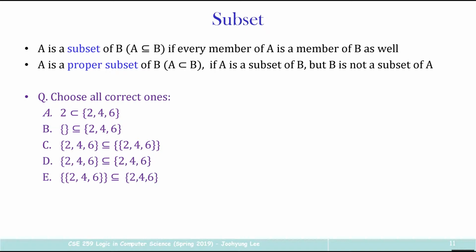Why is it false? 2 is not even a set. Yeah, that's a very good answer. Subset relation is defined between the two sets. Okay, 2 is not even a set, so this is false. Now, what about B? Let's do the substitution here.